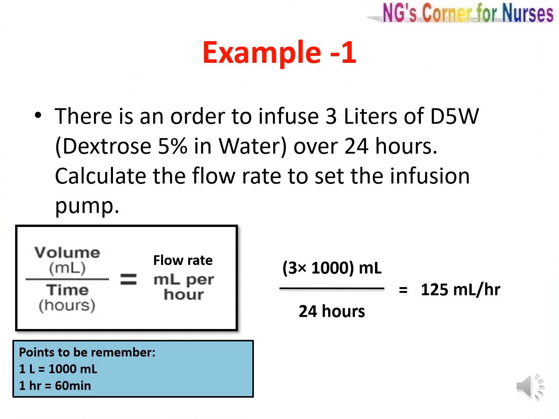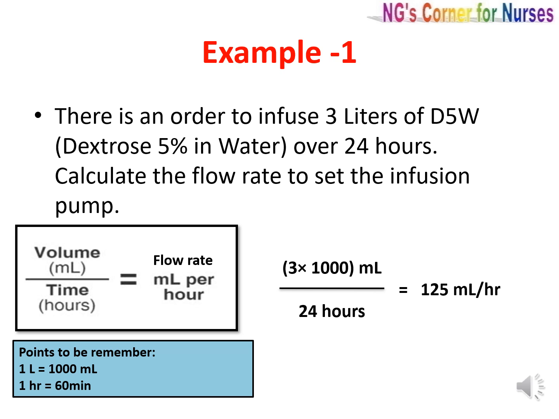Let's discuss some examples. The first example: there is an order to infuse 3 liters of dextrose 5% in water over 24 hours. Calculate the flow rate to set the infusion pump. We know the formula of flow rate calculation: volume in ml divided by time in hours.